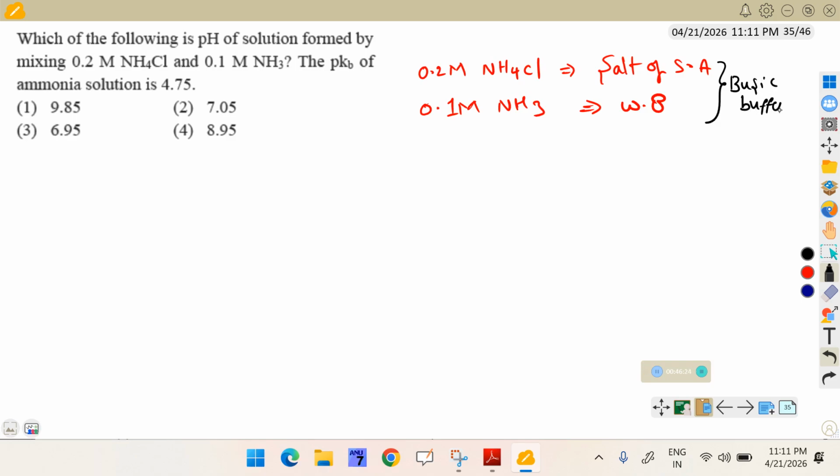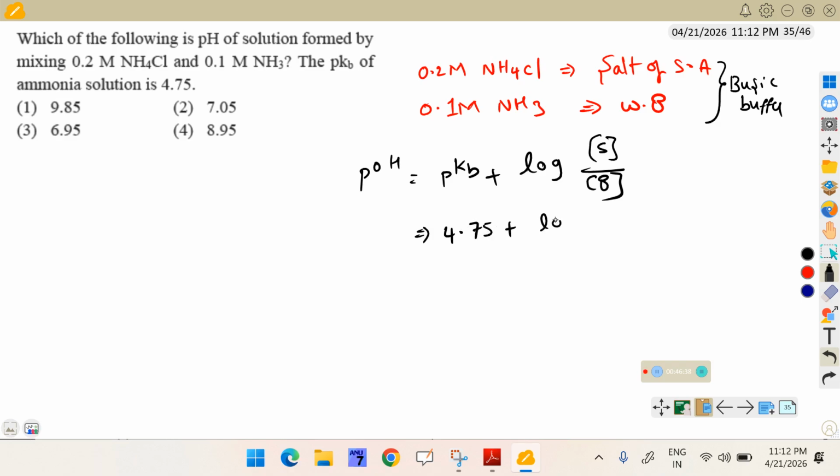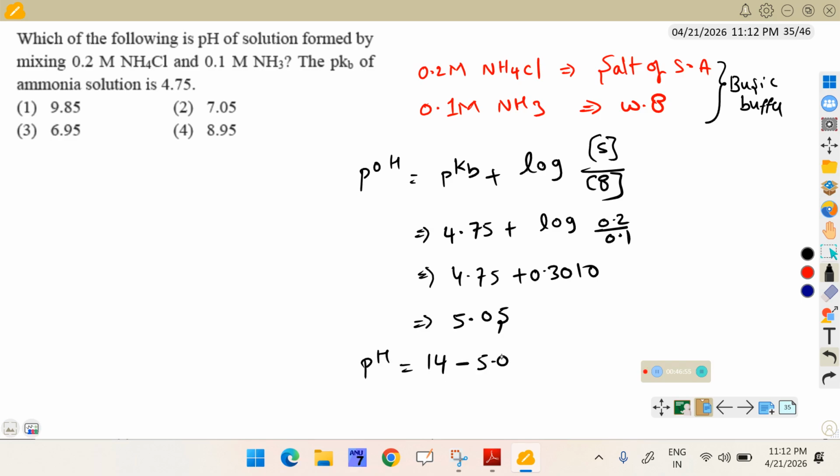So pOH is equal to pKb plus log of salt concentration by base concentration. pKb value given 4.75, log of 0.2 by 0.1. 4.75 plus 0.3010, then you will get 5.05. pH is equal to 14 minus 5.05. This is the pOH value, but the question is to calculate pH: 8.95. Fourth option correct.